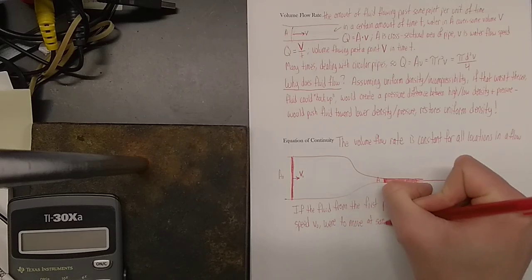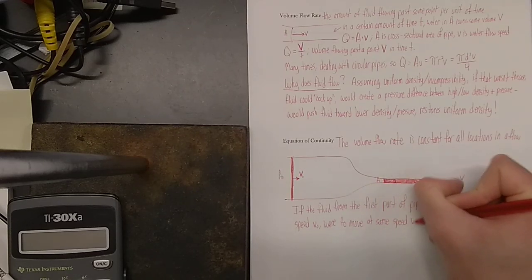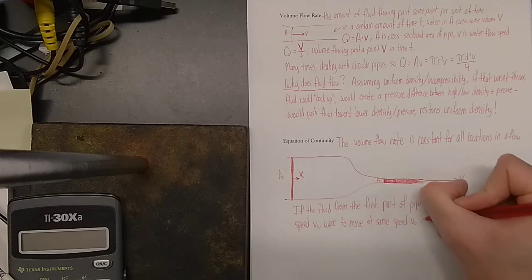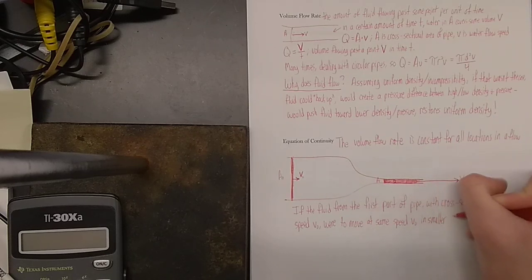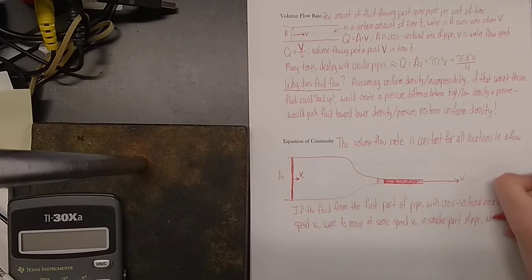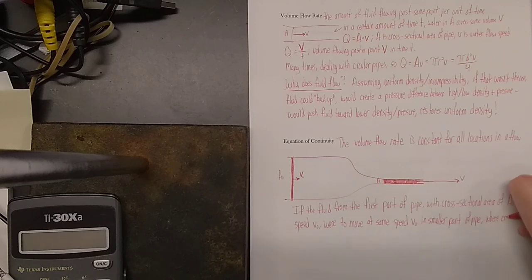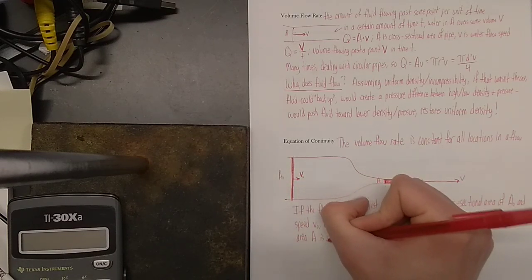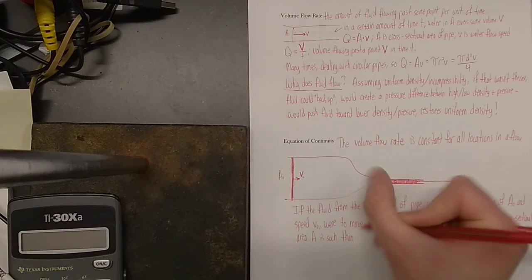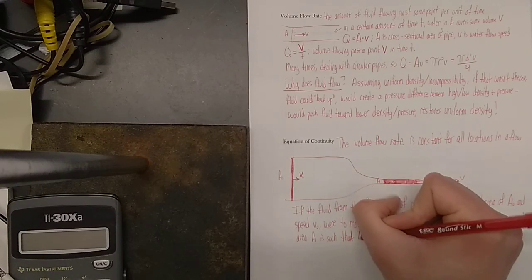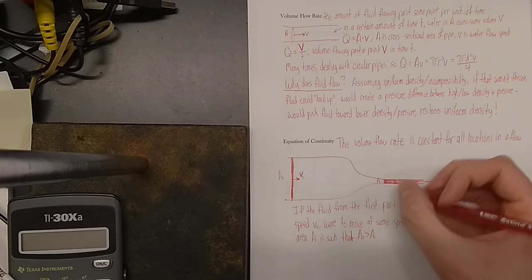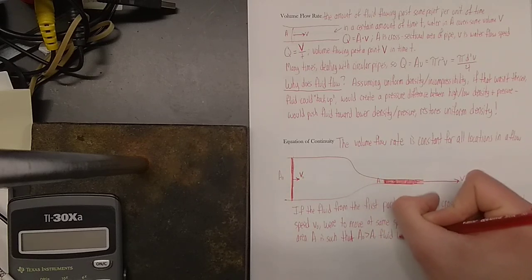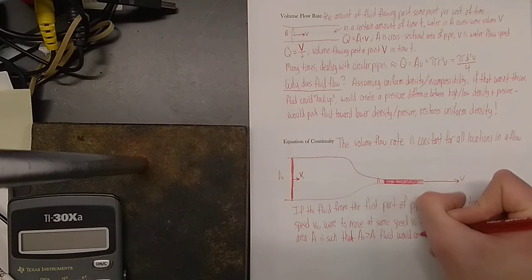If the fluid were to move at the same speed V naught in the smaller part of the pipe, where the cross-sectional area A is such that A naught is greater than A, the fluid would compress.